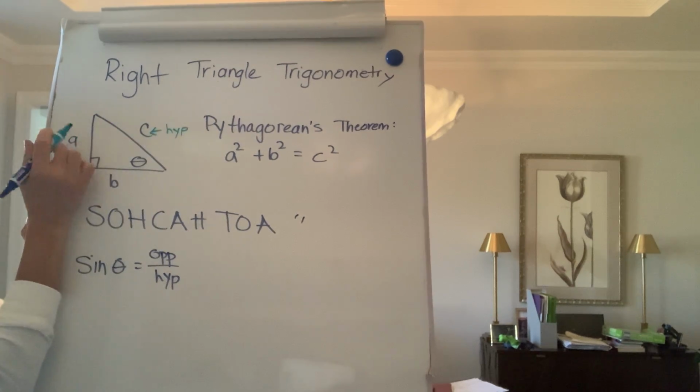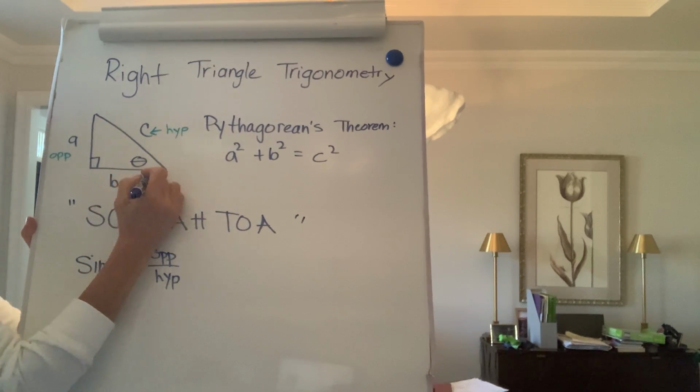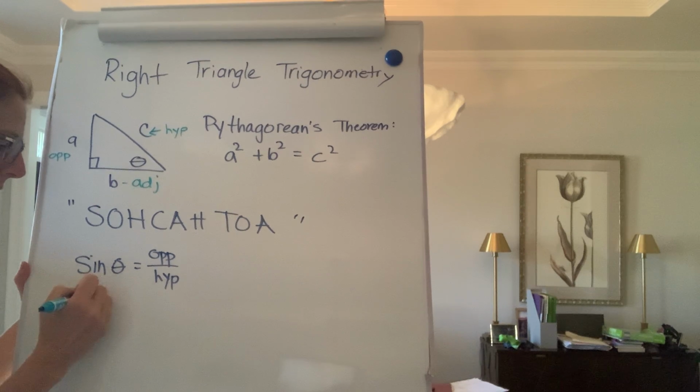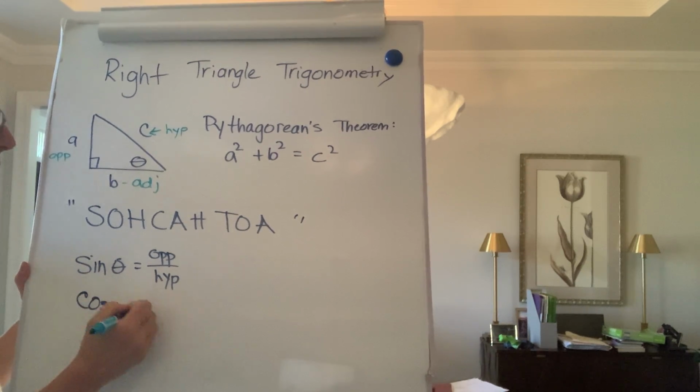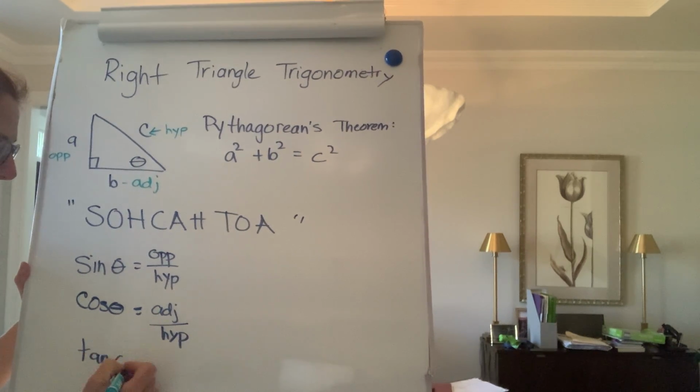According to theta, A would be the opposite side and B would be what we call the adjacent side. The cosine of theta would be the adjacent over the hypotenuse, and the tangent of theta is defined to be the opposite over the adjacent side.